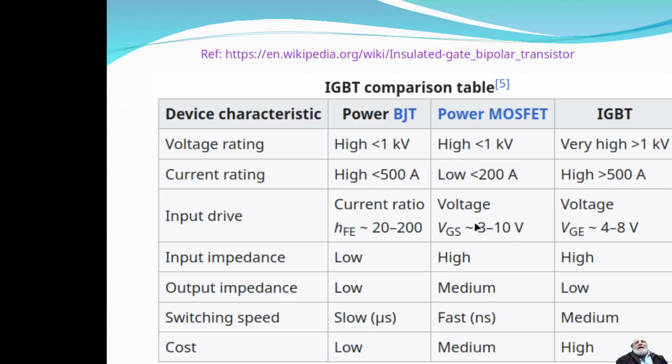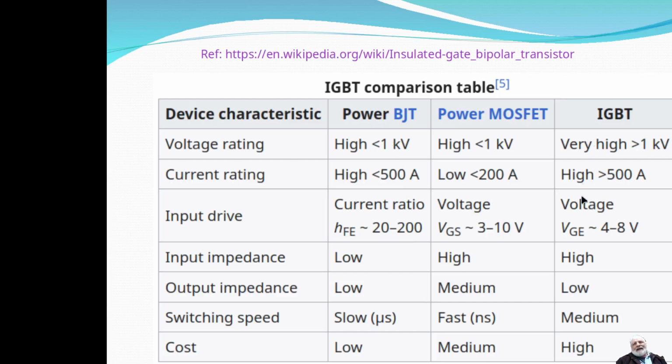But we could power it with just a gate to source of somewhere between 3 to 10 volts. So we can power it fairly easily, but notice the current is a little bit less. So for 1,000 volt, a single power MOSFET maybe is only going to get us 200 amps instead of 500 amps out of the BJT.